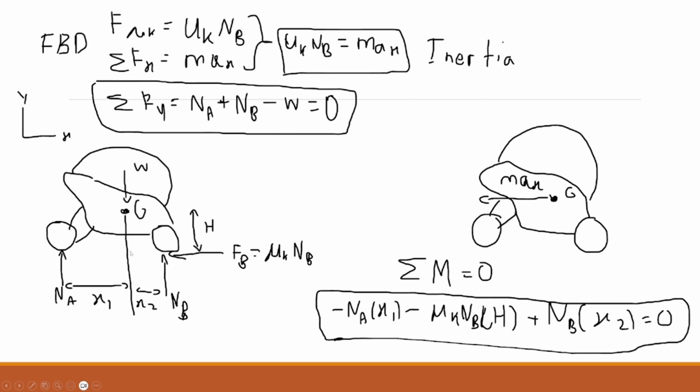It's also going in the clockwise direction, so it's negative. And finally, it's the normal force of wheel B times the distance x2. This is in the positive direction because it's going in the counterclockwise direction. And with that, we have all the equations of motion for this self-driving motorbike.